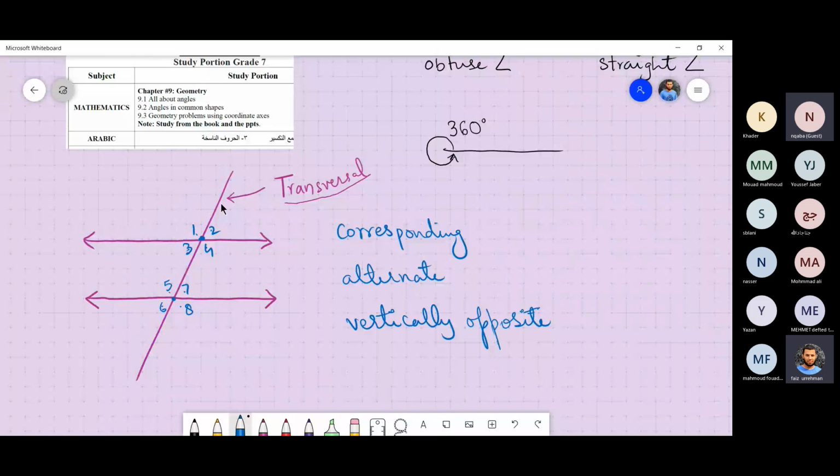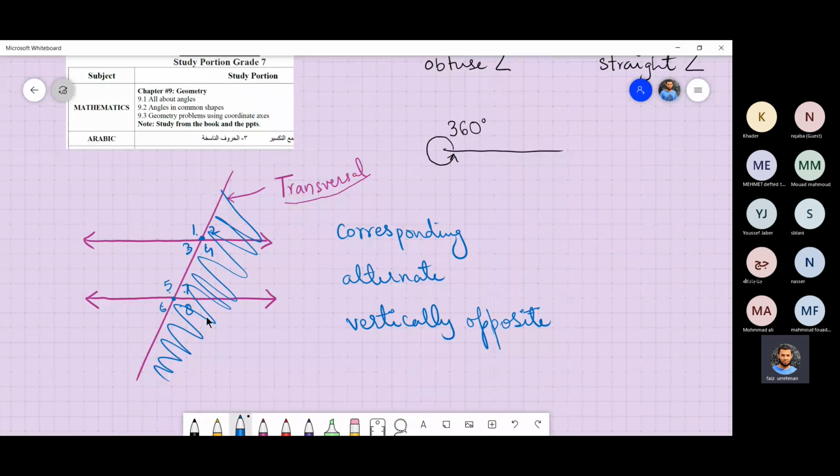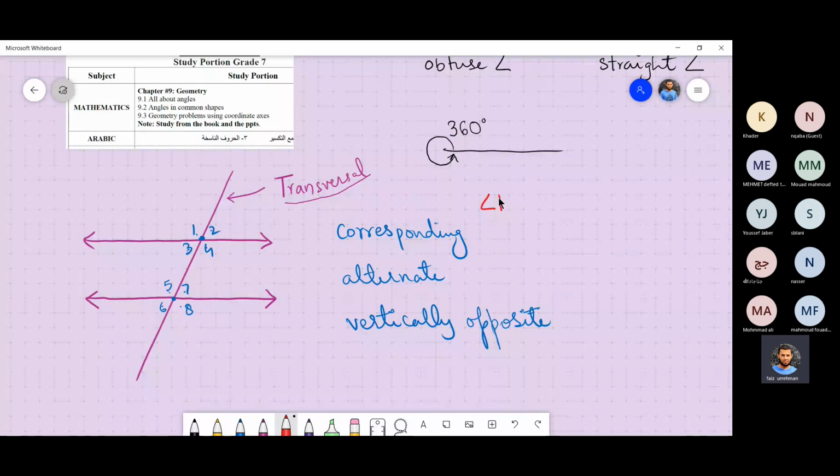Now go back to the right side. Hide this. How many angles can you see? 4 angles. So 1 will be corresponding to which angle? 5. And 3 will be? 6. That's what corresponding means. So draw this diagram, write transversal.